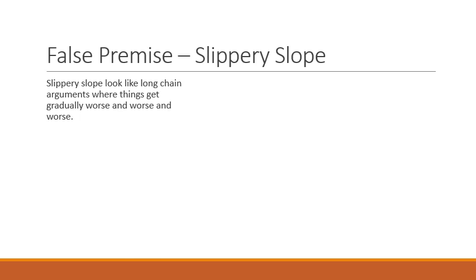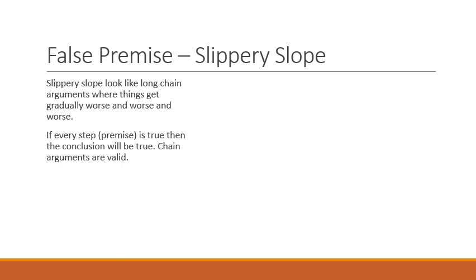And again, if it really is a chain of hypotheticals, like the hypothetical syllogism, then the conclusion would be true if all those premises were true. The problem, though, is that slippery slope arguments usually have one or more false premises. Almost every one of them is what we call the slippery slope fallacy.